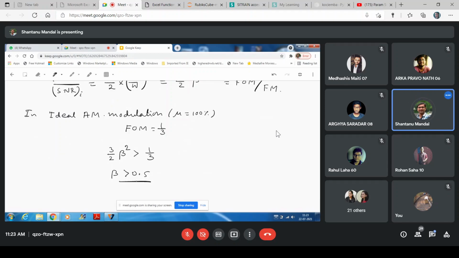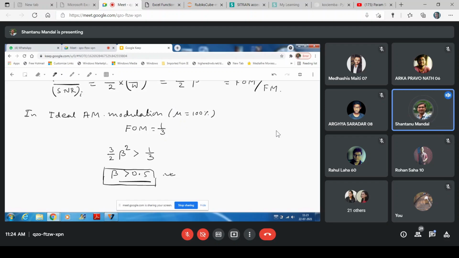That means that based on the noise consideration, that is the improvement factor, that is the modulation index. So if beta is greater than 0.5, then the distortion in FM is minimized, and this is the amplitude distortion, and the phase distortion will be minimized if beta is greater than 0.5, because here it is converting to the wideband effect.